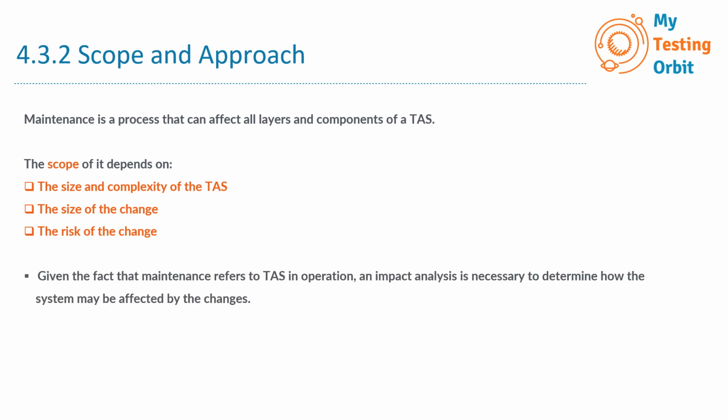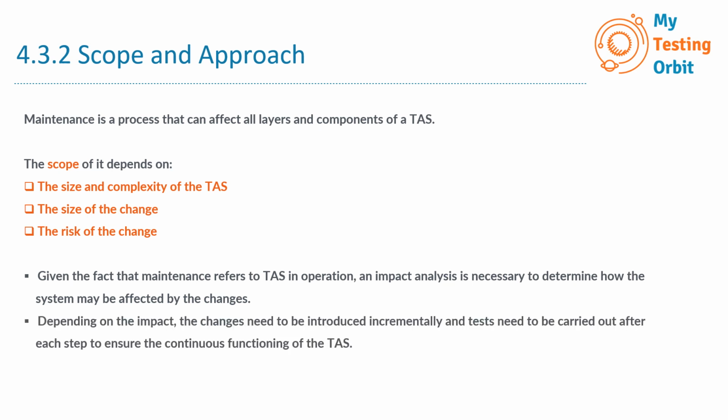Given the fact that maintenance refers to TASs in operation, an impact analysis is necessary to determine how the system may be affected by the changes. It's like doing a checkup to see how the changes might affect the system's health. Depending on the impact, the changes need to be introduced incrementally and tests need to be carried out after each step to ensure the continuous functioning of the TAS.